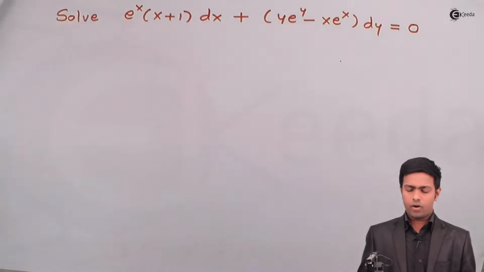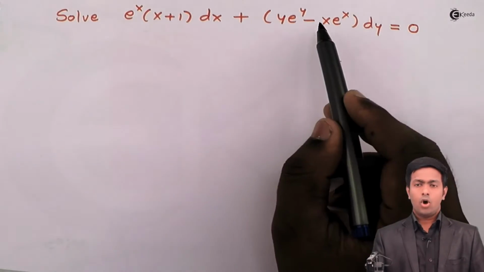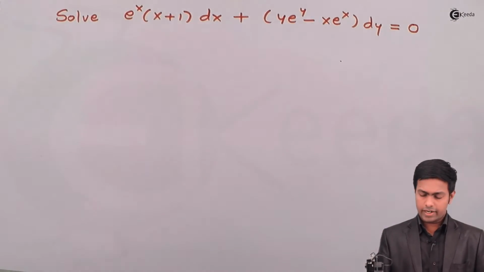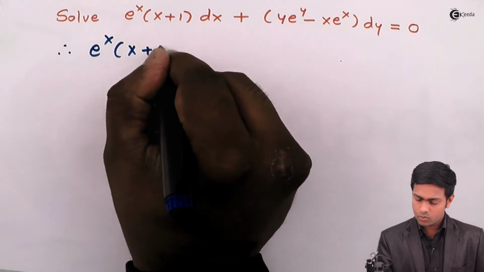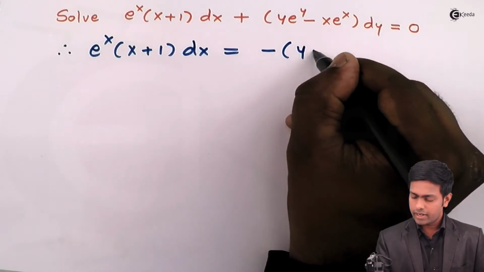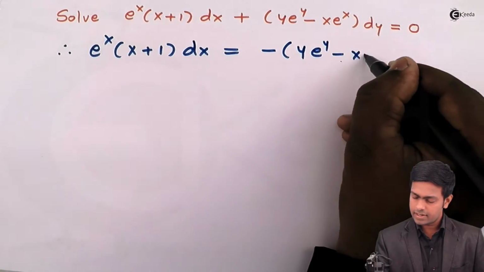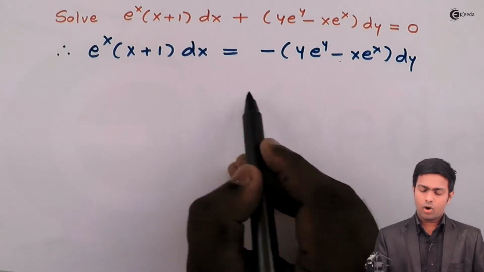For that, I'll first shift this term to the right hand side. So we will get e^x (x + 1) dx = -(y e^y - x e^x) dy. Now I can take this dy on the left hand side.